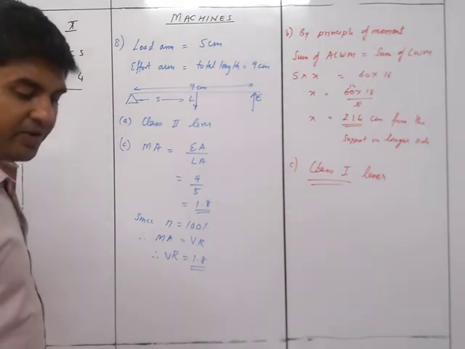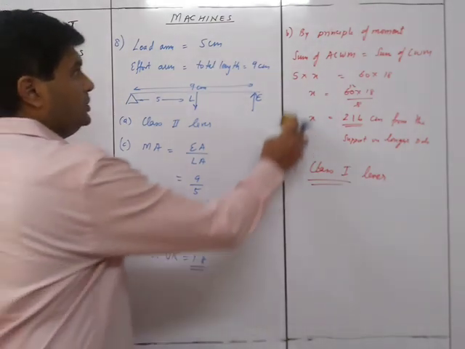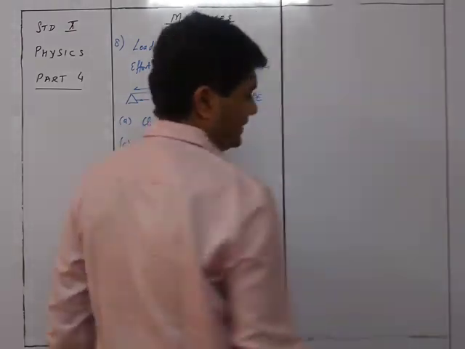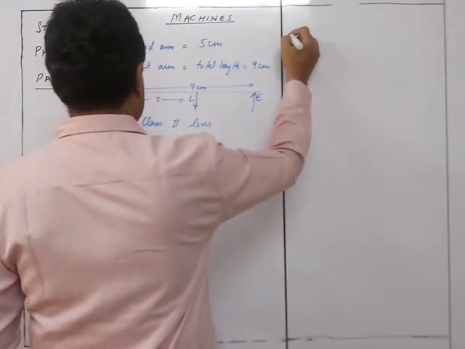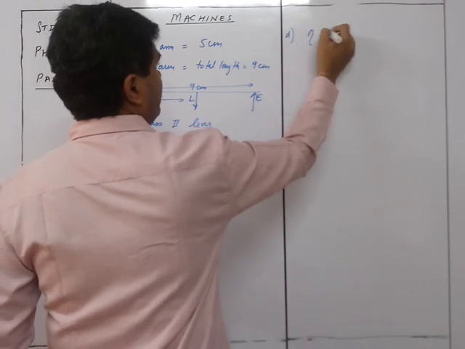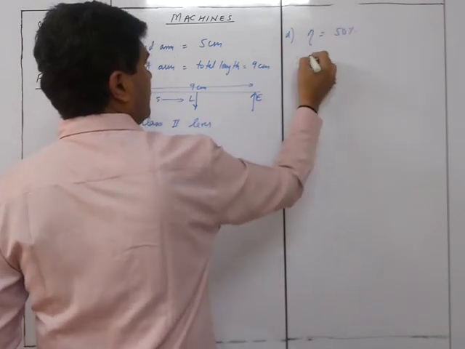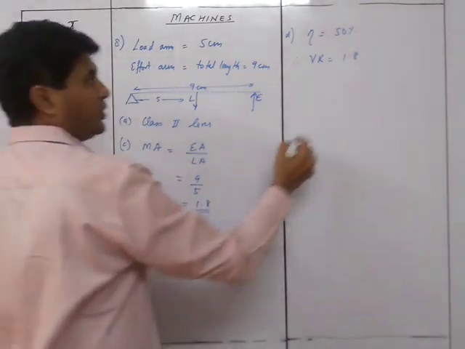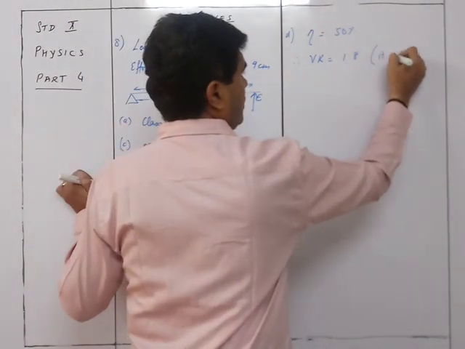Got it? Now, what will be the mechanical advantage and velocity ratio if efficiency becomes 50%? So now we are given that the efficiency is not 100%, but 50%. So in part D, efficiency is equal to 50%. Therefore, VR is going to be 1.8. It is not going to change because it is constant.